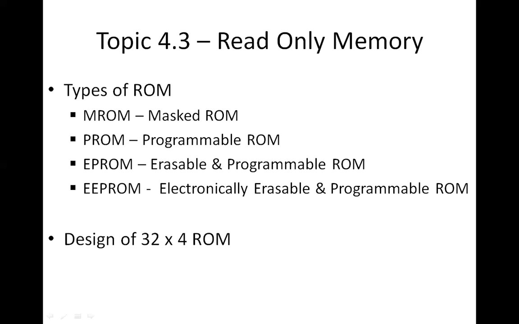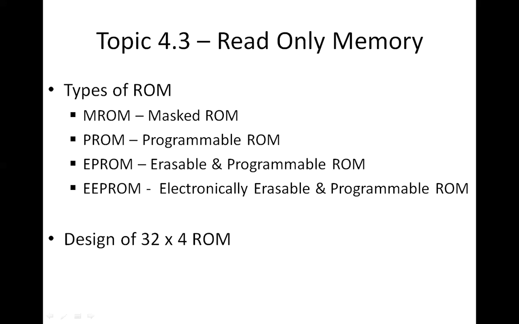Next is the electronically erasable and programmable ROM, that is EEPROM. EEPROM enables the users to write data or erase data specifically at a particular location also. It is done electronically, which means less effort is required and it is easy to use.